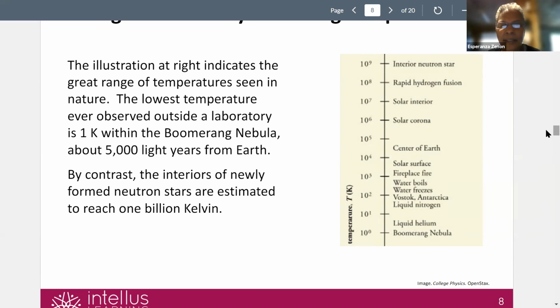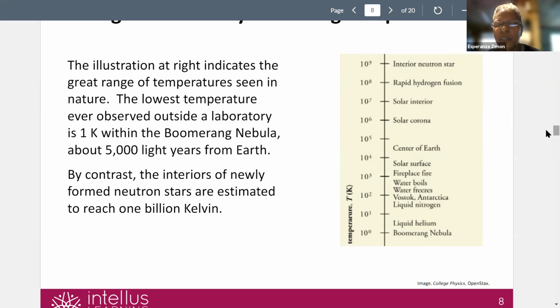And notice they said that one of the hottest temperatures, if you know this, is the interior of a neutron star, which is 1 billion Kelvin. That's kind of extreme, if you will, in terms of the lowest and the highest, right? But look at the surface of our sun, which is about 3,000 Kelvin.